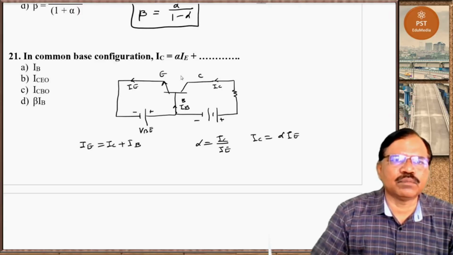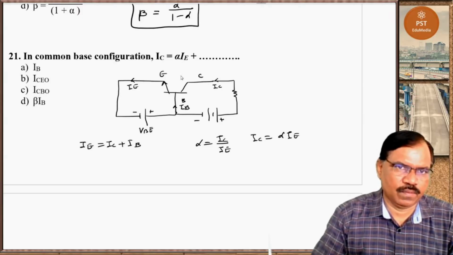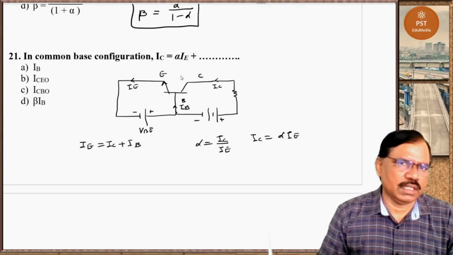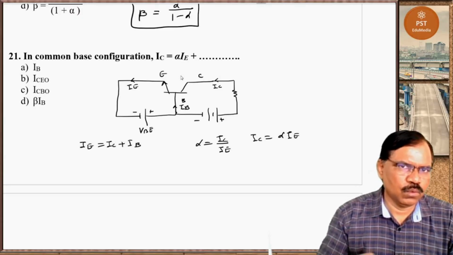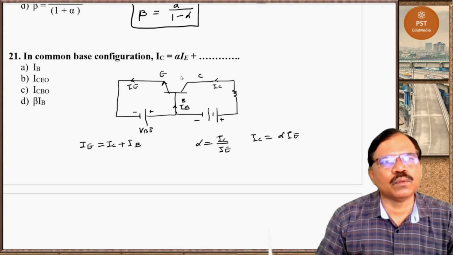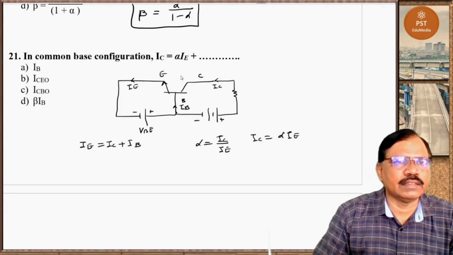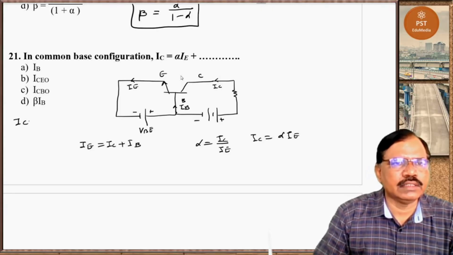But what happens here? Suppose emitter is open. So what happens? Still there is some current flowing through base and collector. And that current is called ICBO.